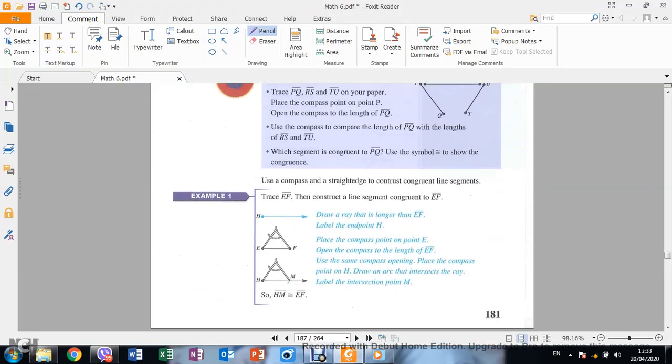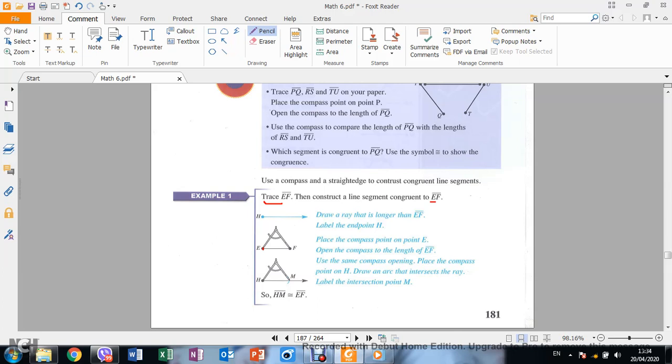Now we have an example. Example 1: trace EF, then construct a line segment congruent to EF. The first thing you need to do is draw a line longer than EF, and label the endpoint H. Place the compass needle on point E. Open the compass to the length of EF.